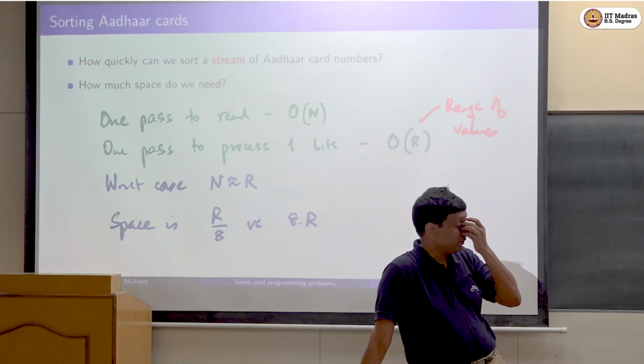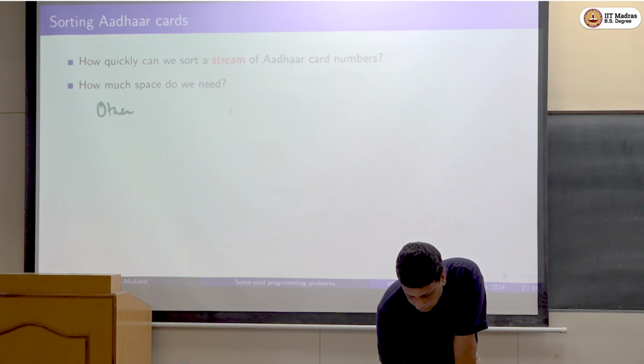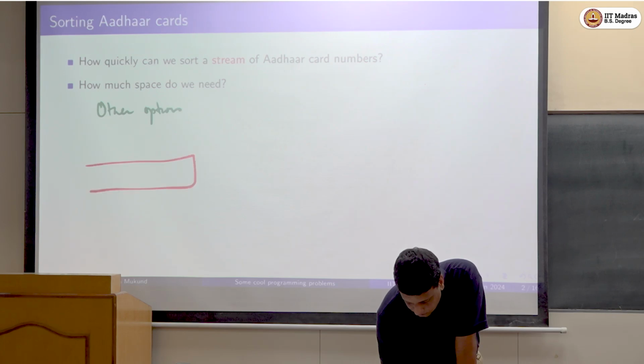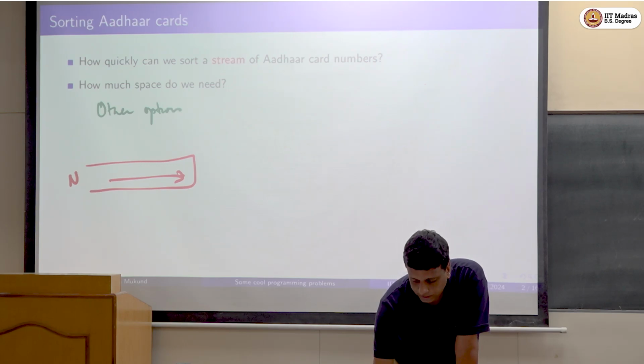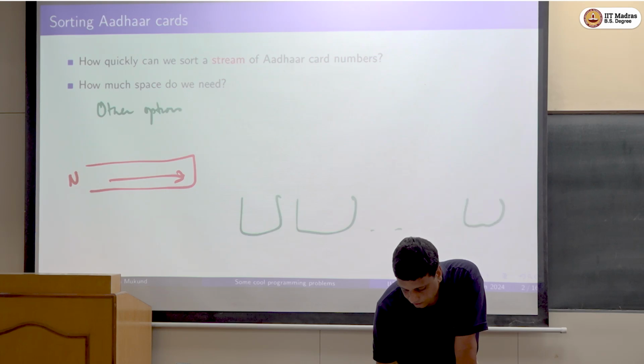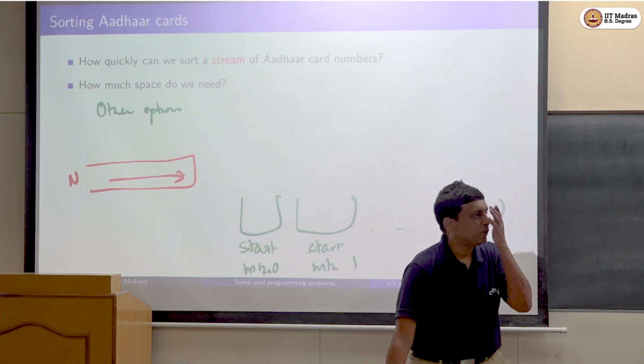Okay. So now there are other ways you can do it. So what you can do, so you can take my stream of n other numbers, and then you can do a 10-way split.